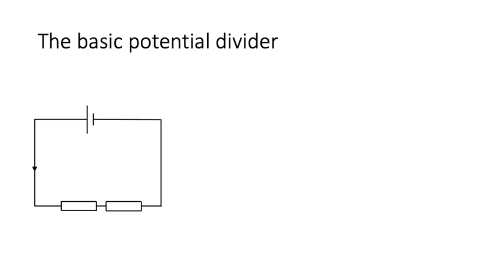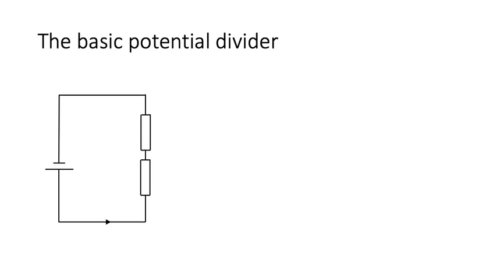A very basic potential divider consists of two resistors in series. Let's turn it on its side to make life easier to see. If we put in a couple of cables coming from either side of one of those resistors, those little circles at the end indicate that these are terminals. We can plug more circuitry into this, which would be parallel to that resistor, and by the laws of parallel circuits, will have the same potential difference across it.